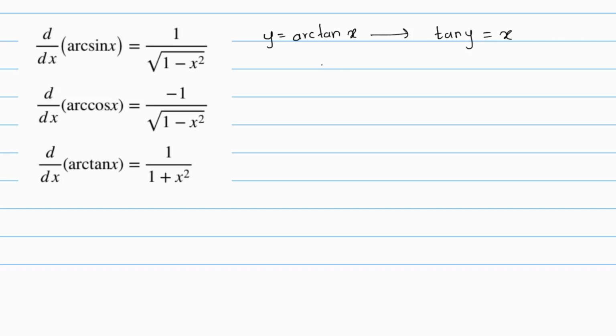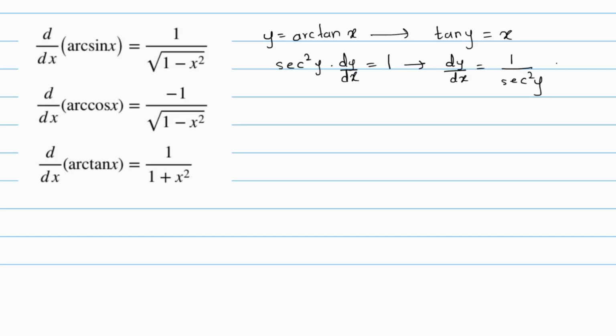If we get the derivative of this on both sides, we get sec squared y into dy by dx being equal to 1, and therefore dy by dx is equal to 1 over sec squared y.